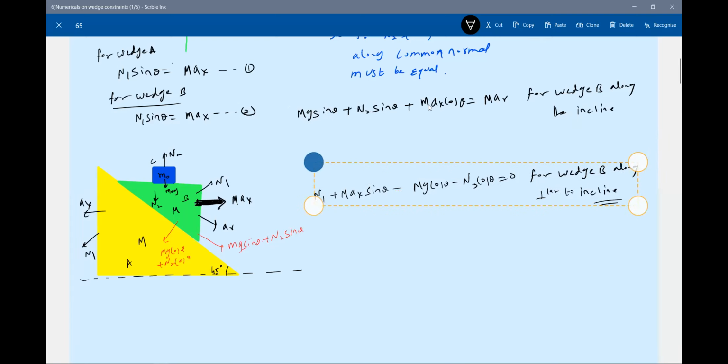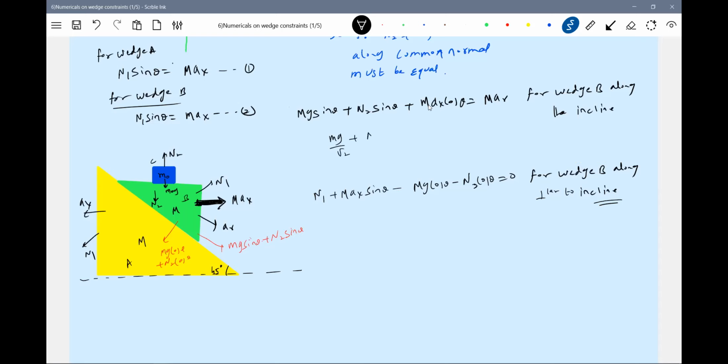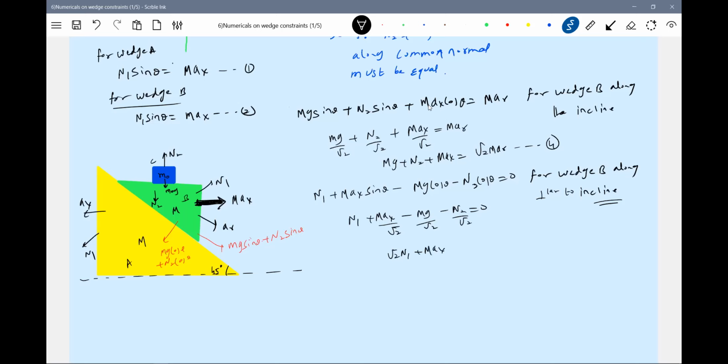So it becomes mg by root 2 plus N2 by root 2 plus MAX by root 2 equals MAR. Writing it systematically, equation 4: N1 plus MAX by root 2 minus mg by root 2 minus N2 by root 2 equals 0. Equation 4, equation 5.